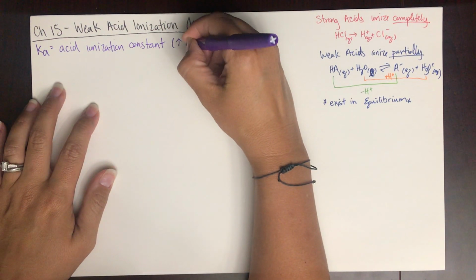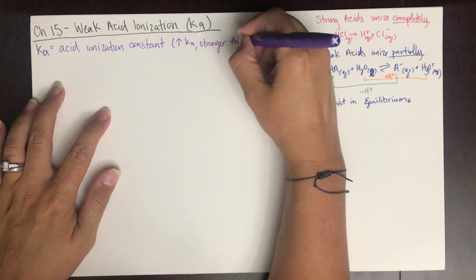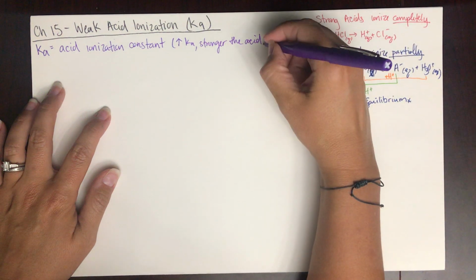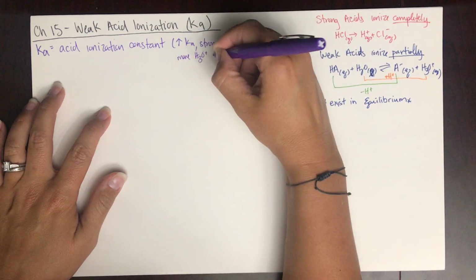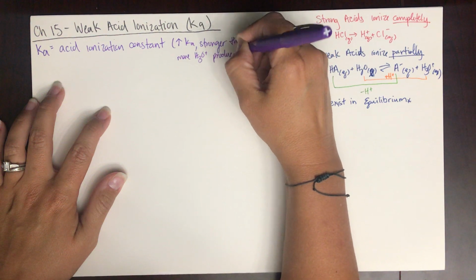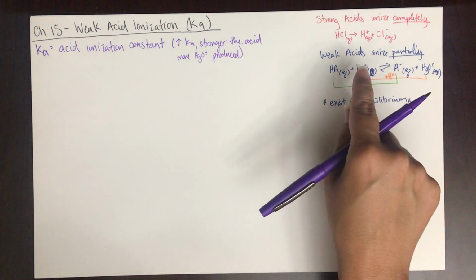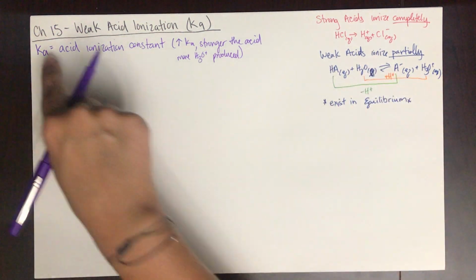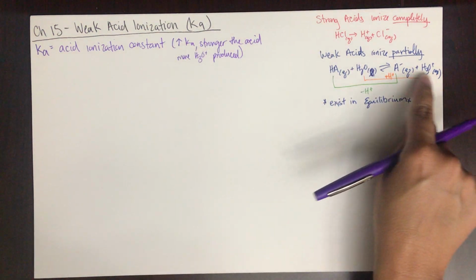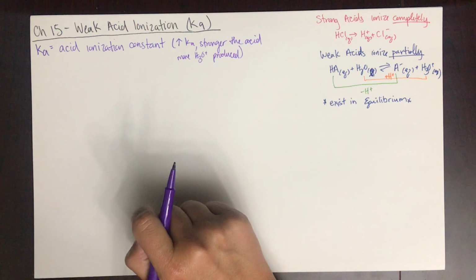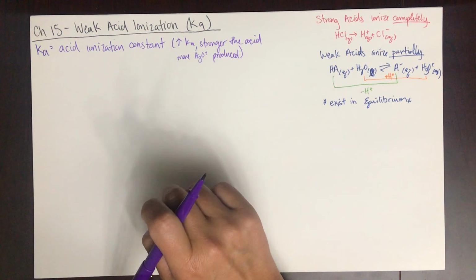So the higher the Ka, the stronger the acid, because that means more H3O plus produced. So when I say the stronger the acid, it's still a weak acid, but you can rank weak acids based on their Kas. Kas that are bigger numbers would have more of this hydronium produced, which would make it have a lower pH, which is the measure of how strong or weak an acid is.